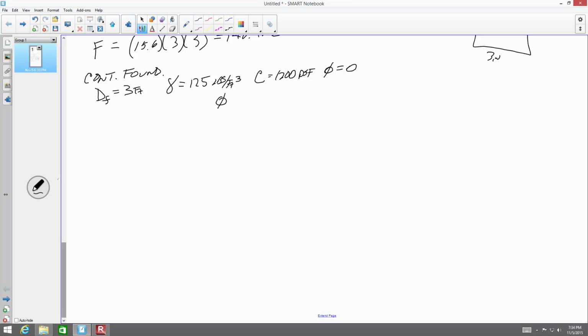And then it goes a little farther and tells you, since phi equals 0, assume N sub c equals 5.14, N sub q equals 1. So it says determine the ultimate bearing capacity.